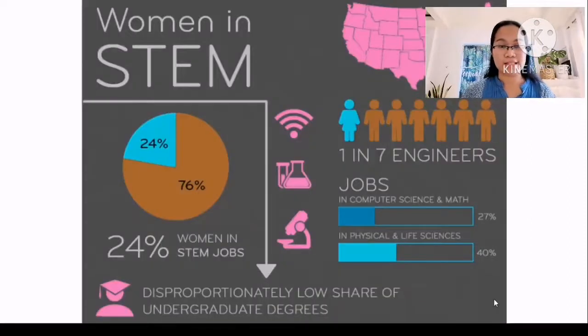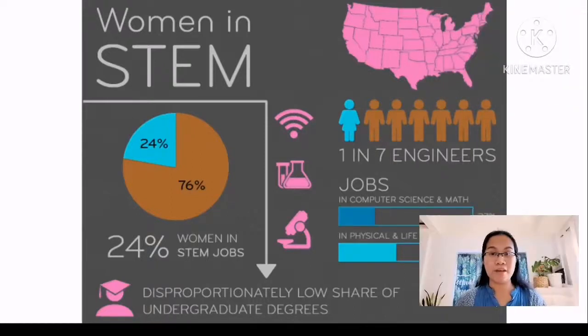So, also women in STEM. If we are going to look at science, technology, engineering, and mathematics, there are female students who are now taking engineering courses. But when it comes to hiring, meron pa ring inequality. So we have here 24% women in STEM jobs. Meron pa ring disproportion between men and female na applicants when we talk about engineering, okay?